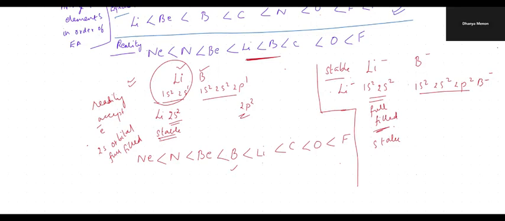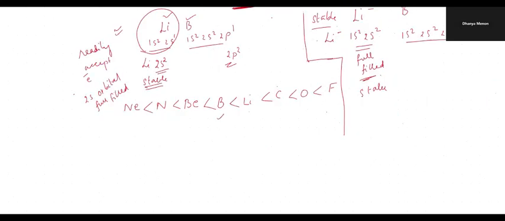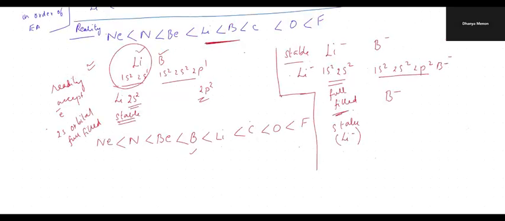Which one will readily lose an electron? Lithium minus is stable. If it is stable, will it lose an electron? No. Who will lose an electron? B minus, because it is not a stable configuration.